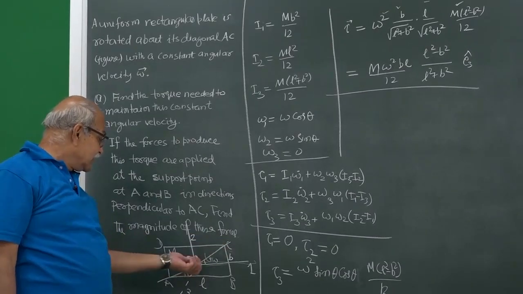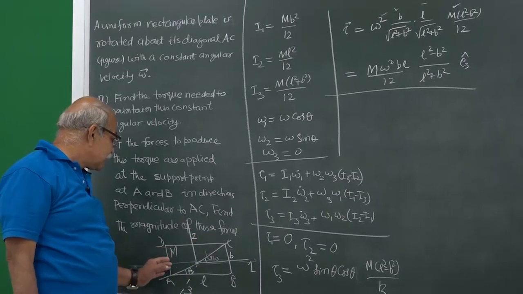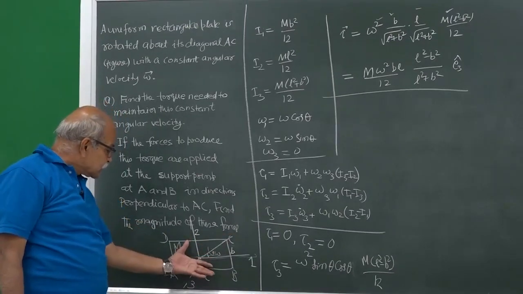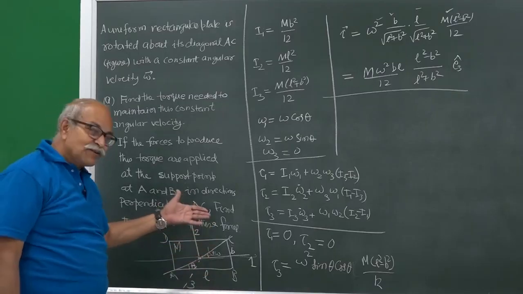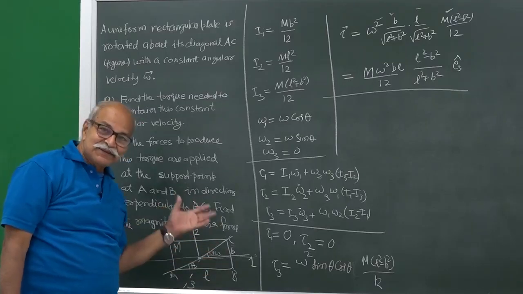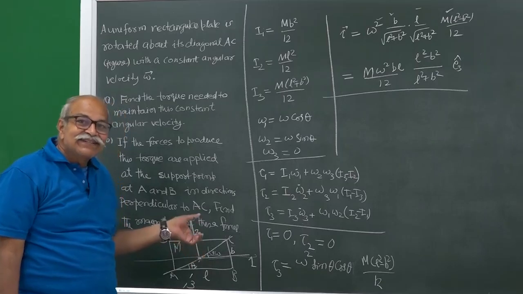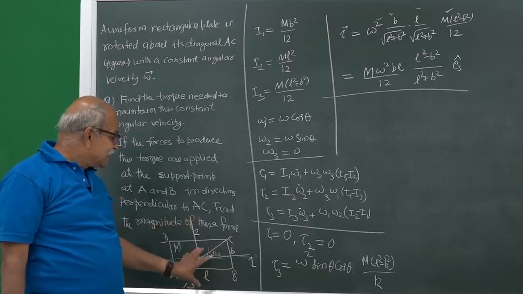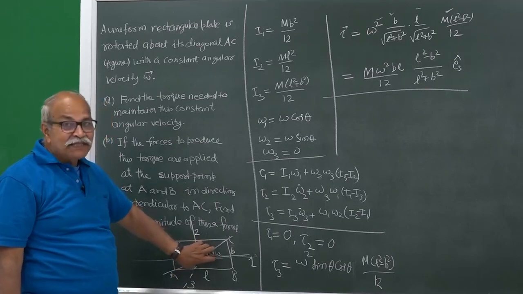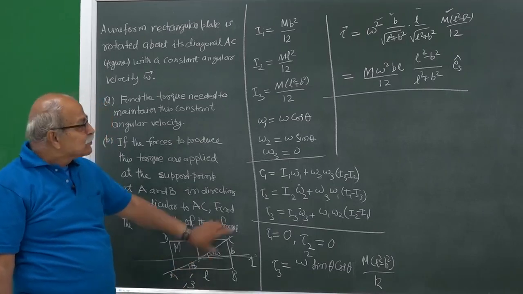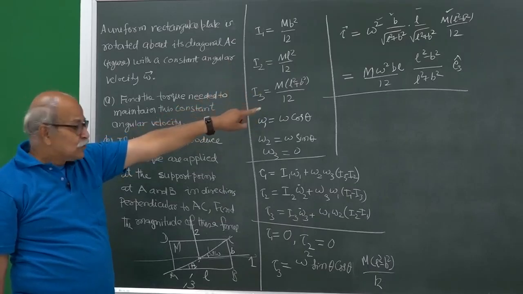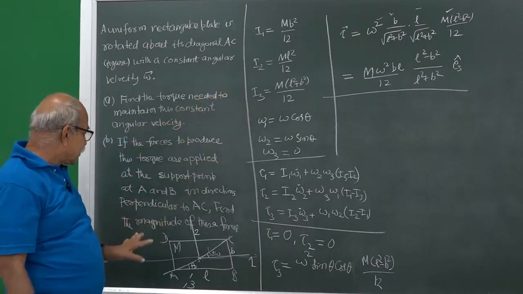Remember that the E3 direction is perpendicular to the plane of the plate, and the plate is rotating about this diagonal. So the normal is also rotating. E1, E2, everything is rotating. These are body fixed principal axes. So your torque is not constant, it is changing, and you have to apply proper forces.